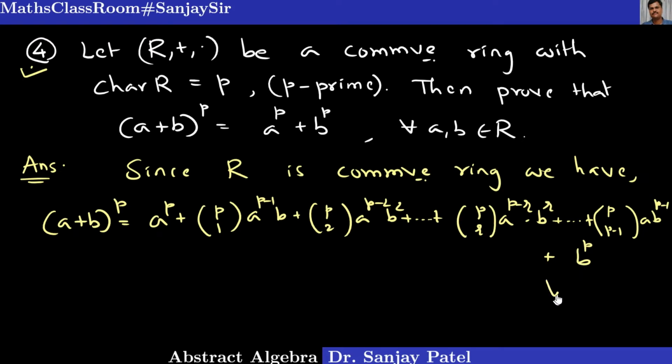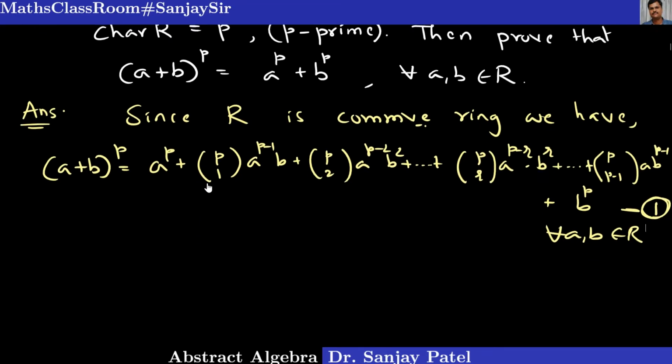This is true for all a and b belonging to R. Let us call this result number 1. In a commutative ring, we can write down the binomial expansion for any positive integer n. So I have written this thing.